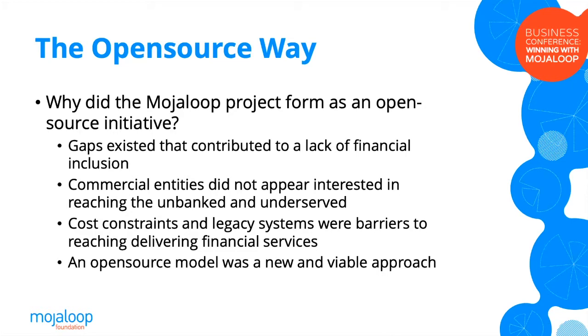And it appeared that a number of commercial entities did not seem interested in reaching the unbanked and underserved. They might have felt it was too challenging or expensive to get to that last mile. And so cost constraints and some of the legacy systems that were already in place in the financial sector were barriers to reaching those underserved and delivering financial services to them.